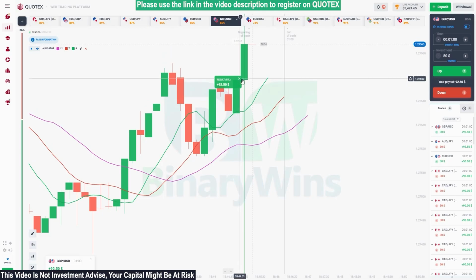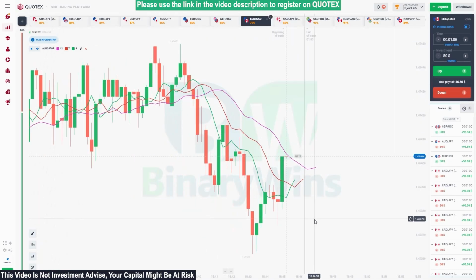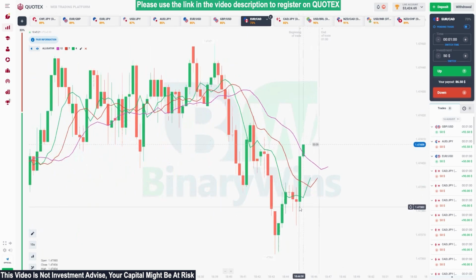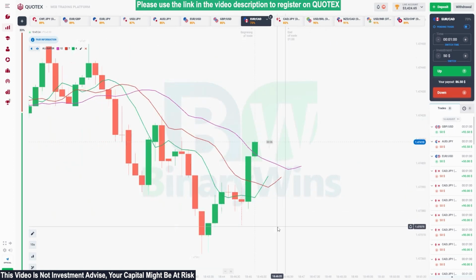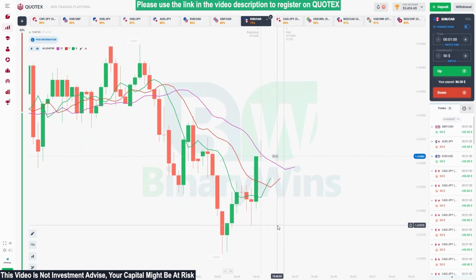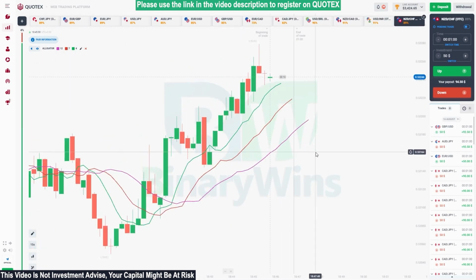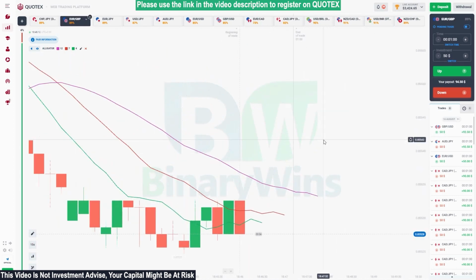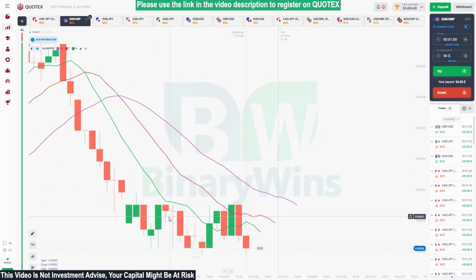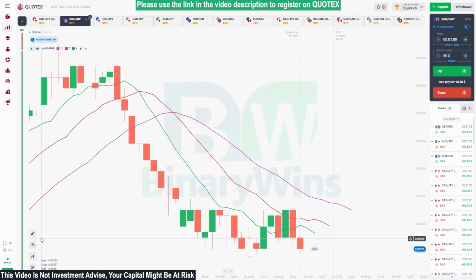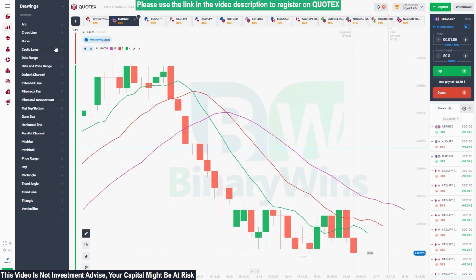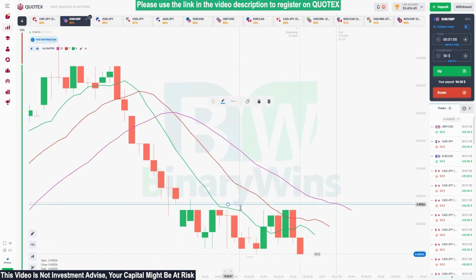Okay. They crossed our level very well. The reason why I didn't trade here is that there is a sideways trend in this range.